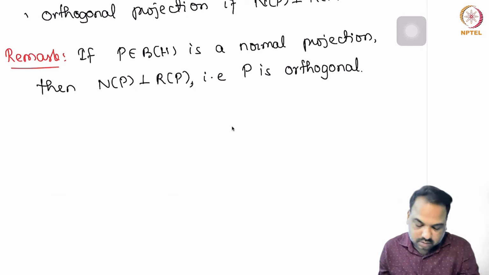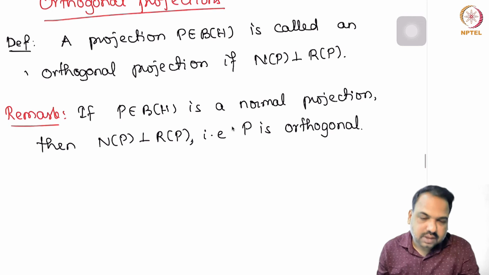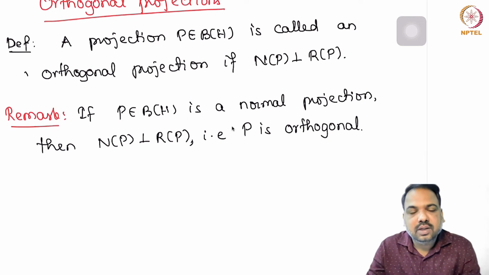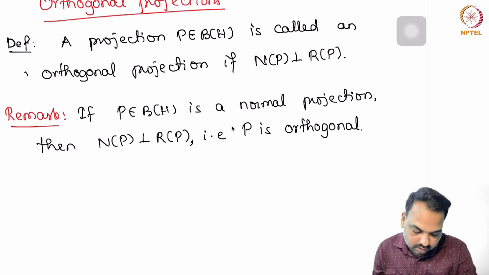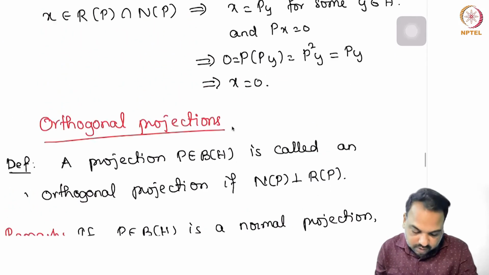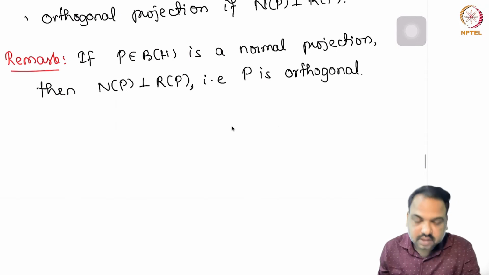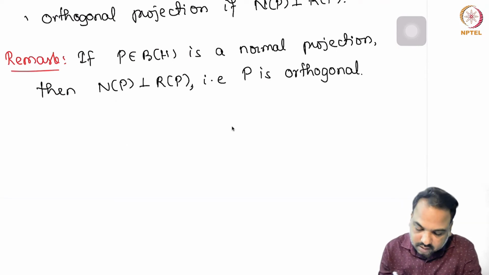Now, what is the advantage of having orthogonal projections? What is the difference between usual projections and orthogonal projections? We will see the difference now. We can write it as a theorem.